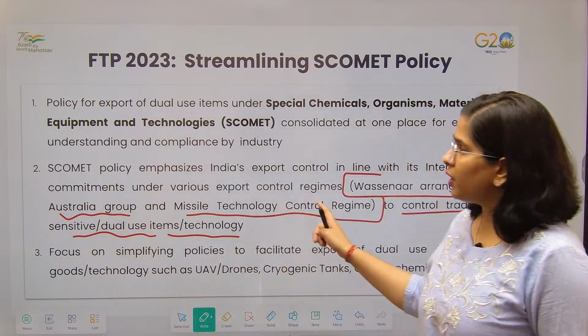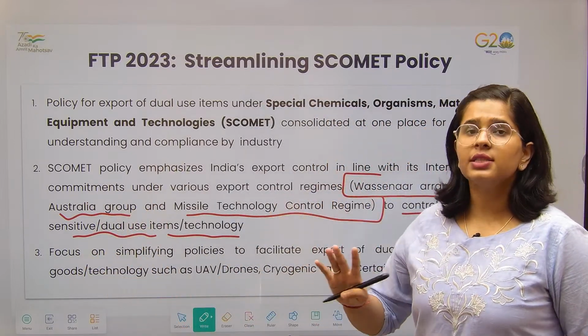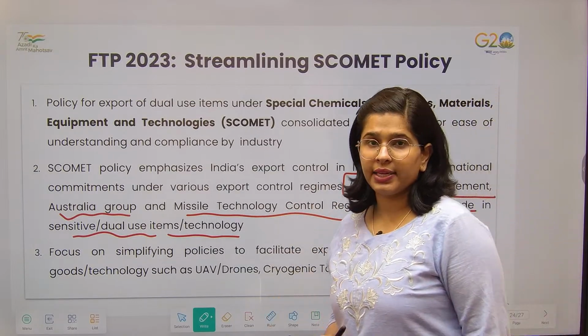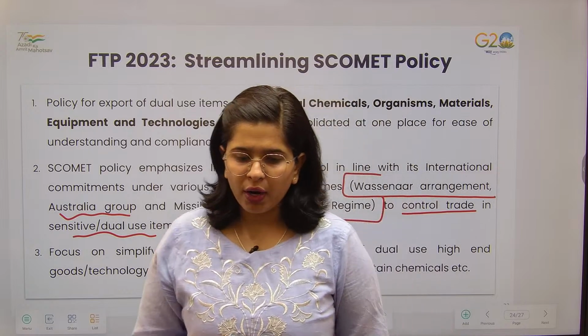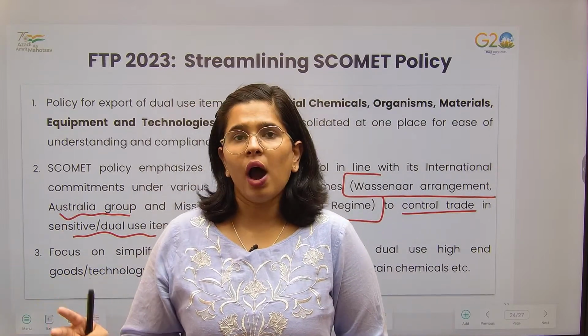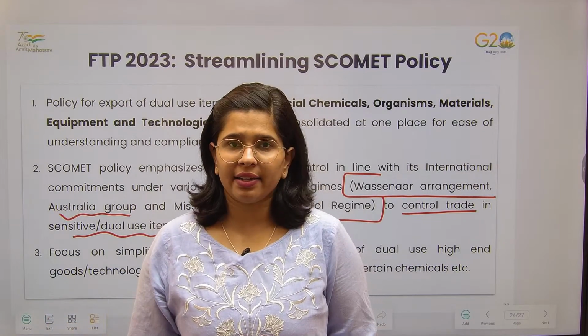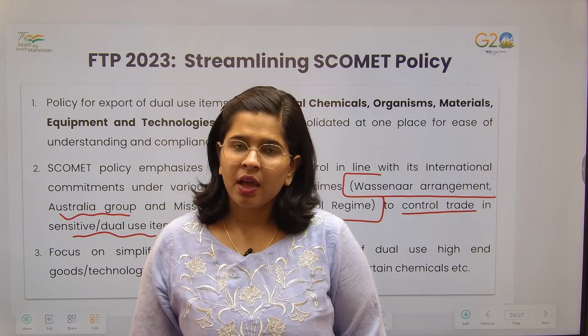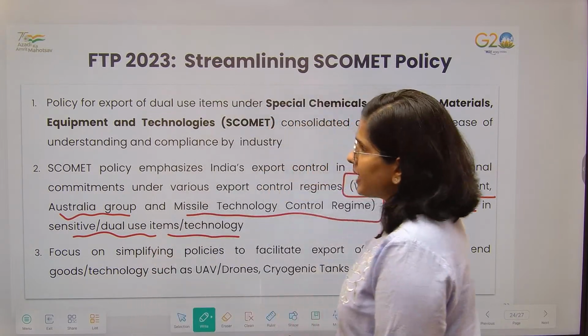So these export control groups say that all such elements and technologies shall be regulated. Fine. We do not want these things to lie in the hands of people who might be terrorists, right? Who might use it for their own personal interest. Correct. So that is what is being said here.